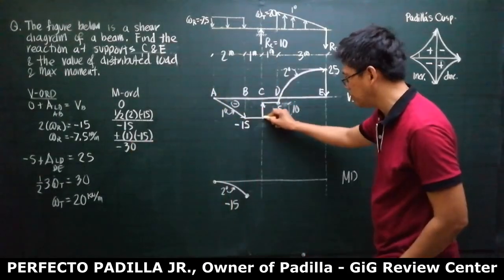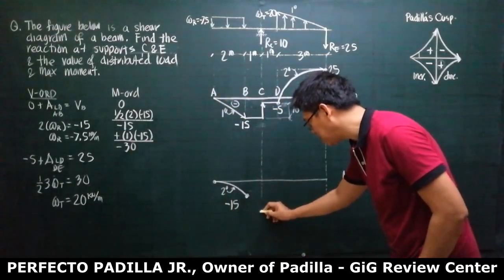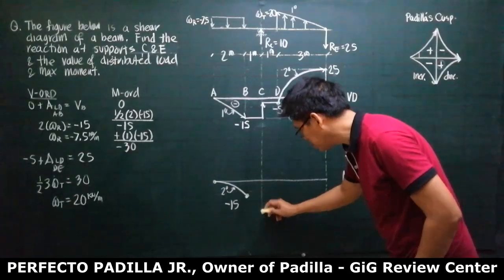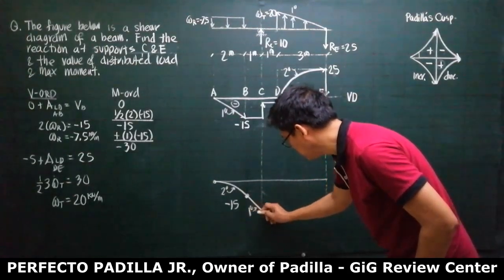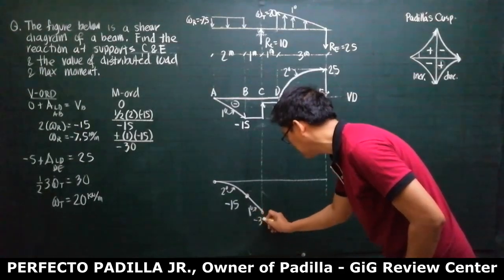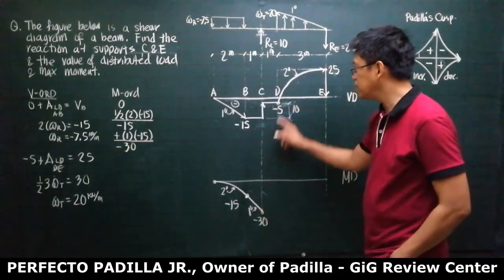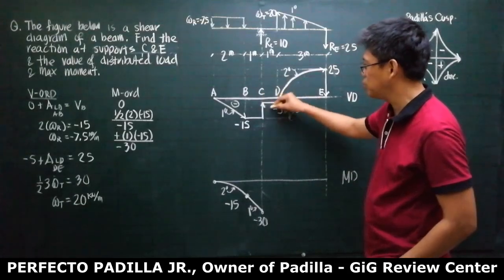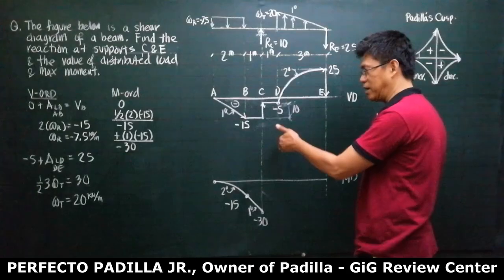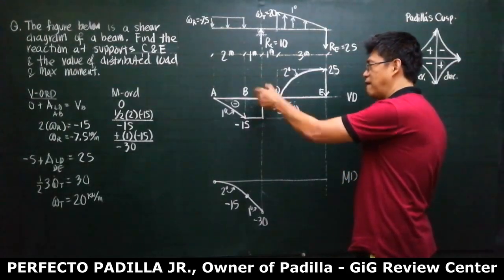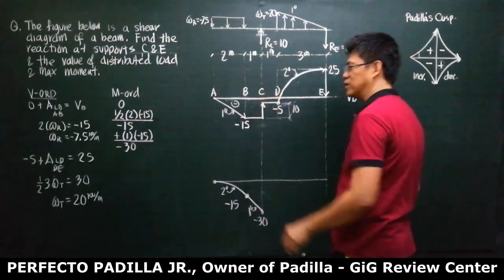Okay? This is 0 degree. From minus 15 to minus 30 must be first degree. So this is minus 30. Minus 30 plus the area of this, which is also negative, is equal to the moment here. So, that is 1 times minus 5.